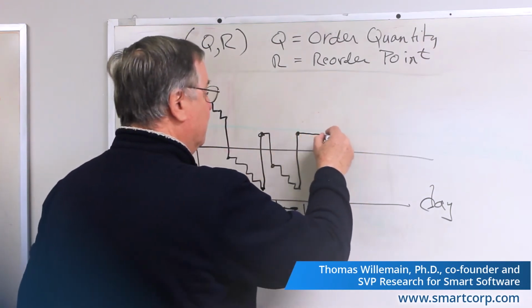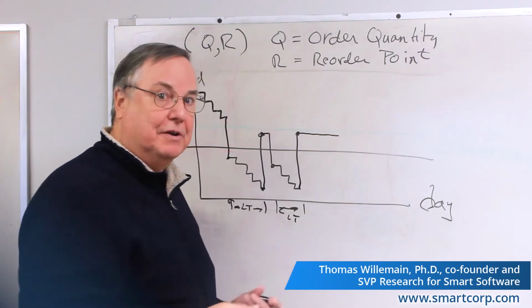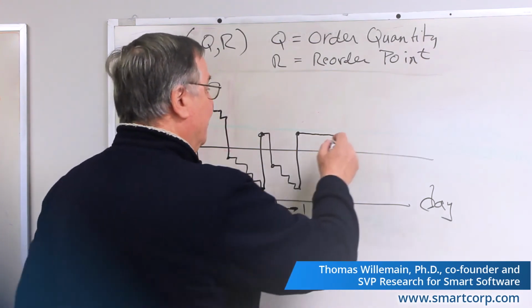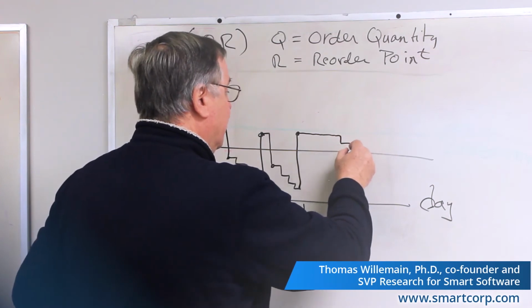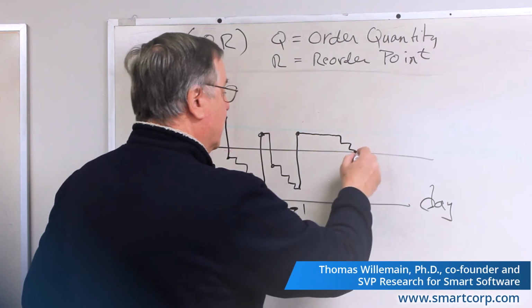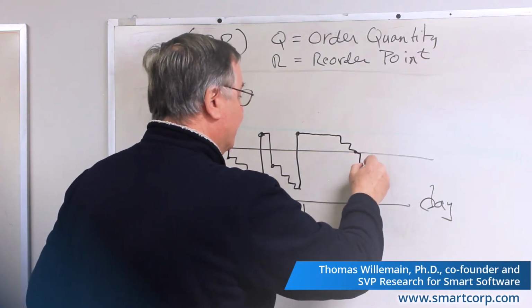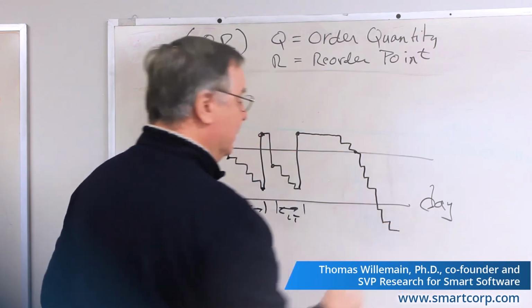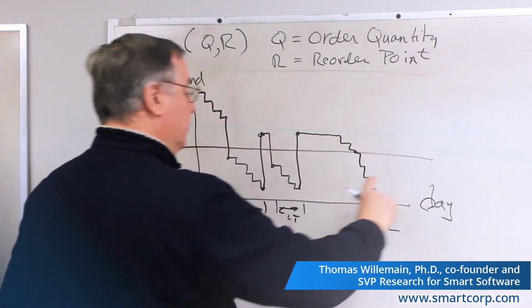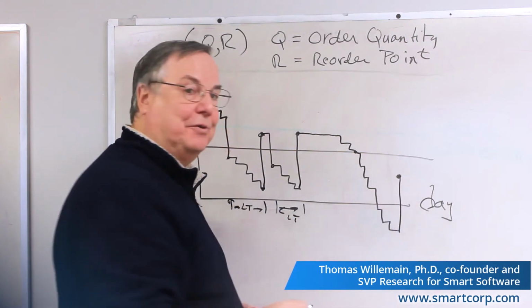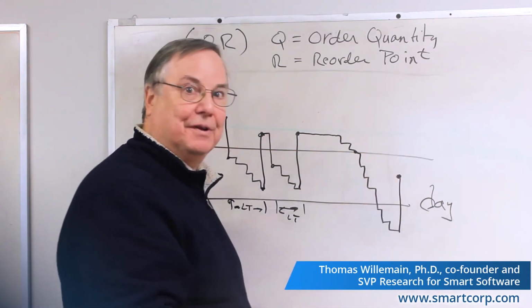But it could be that time goes on and it's very intermittent demand and you get a dry spell and nothing happens. And then maybe here you have to order again. And maybe now there's a torrent of demand and you actually go negative, and you might be in a situation where you get up to here and you're still underwater and you have to order immediately.